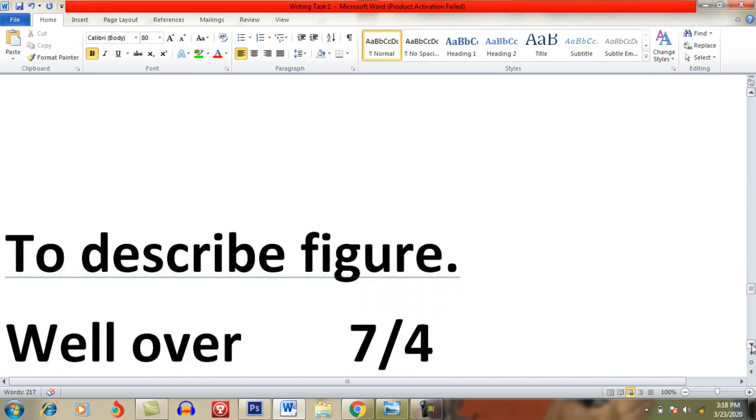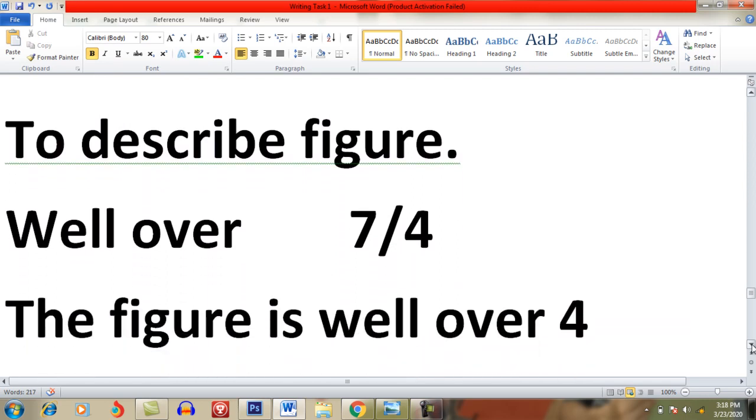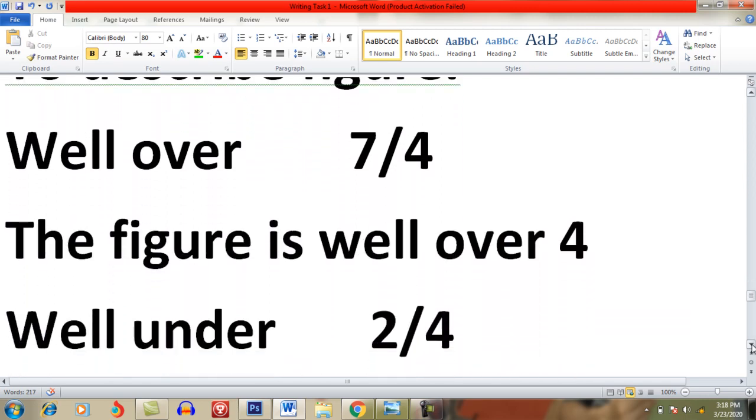Whenever you want to describe a figure, you can use words like well over. For example, the figure is 4, and you think that the percentage or figure you are talking about is more than 4. So you can say the figure is well over 4. If you observe that 7 is more than 4, in that case we can use well over: the figure is well over 4.